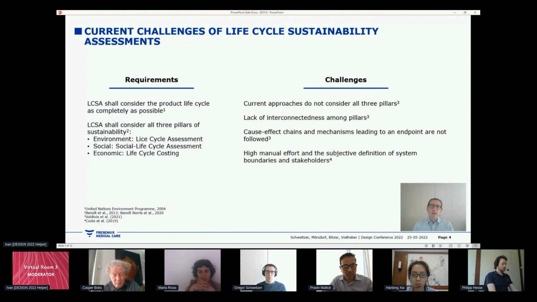And lastly, performing LCSA is a high manual effort, and it is subjective in defining the system boundaries and stakeholders, which means two engineers performing an LCSA on the same product can have different results because of the subjective choices they make when performing their analysis, and this leads to the analysis not being comparable and not being consistent.